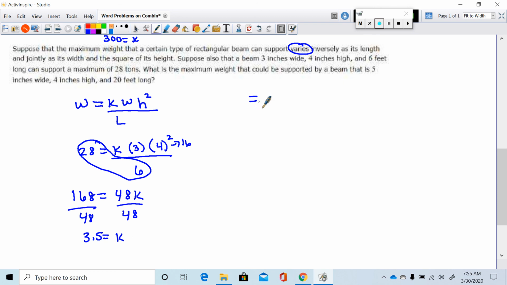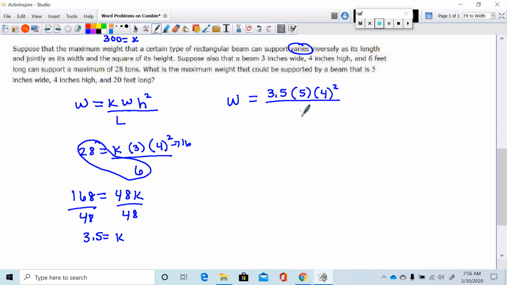So go back up to the original equation that you made, except this time we know that k is 3.5. And go into the next sentence and start filling in the pieces. What is the maximum weight? So we don't know the weight this time. That could be supported by a beam that is 5 inches wide, 4 inches high, and you have to square the 4.